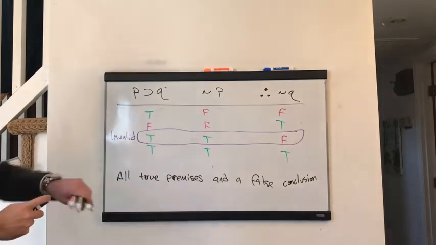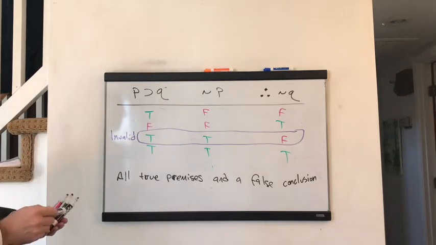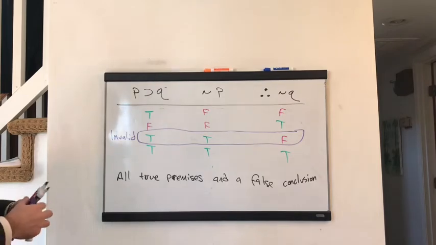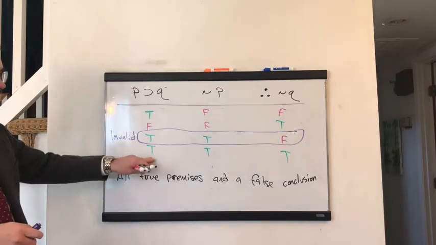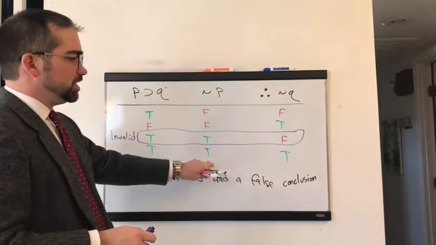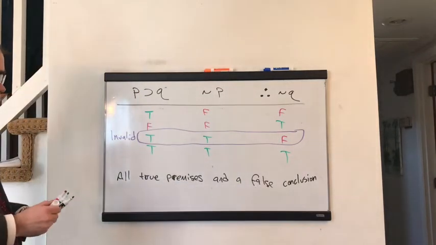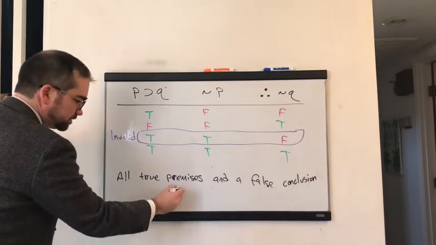In your exercises, and I'm running out of time, I have to go, but when you do your exercises, if all of the rows with true premises have true conclusions, then that means that the argument is valid.